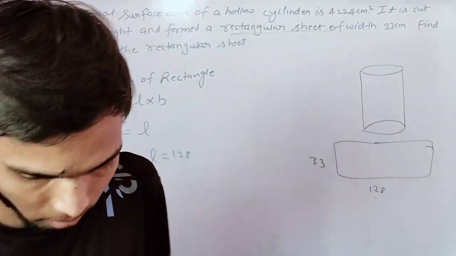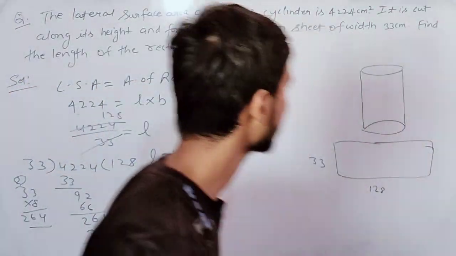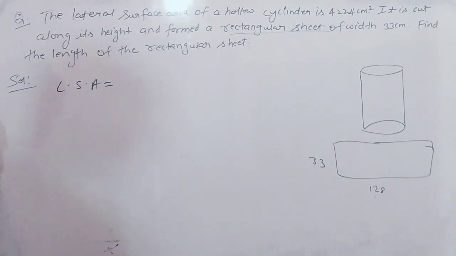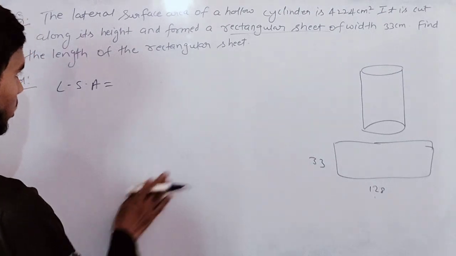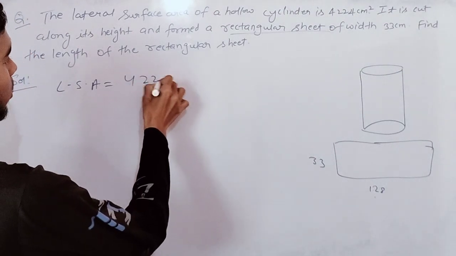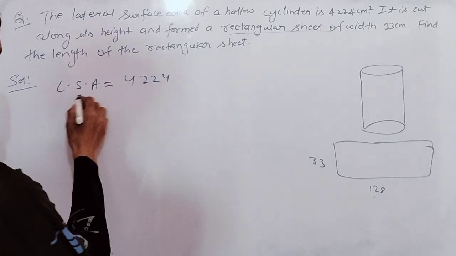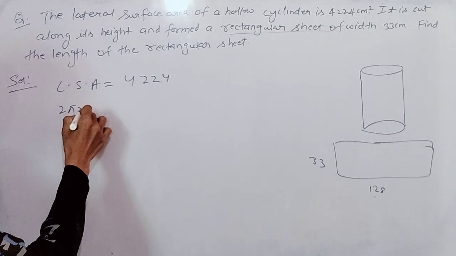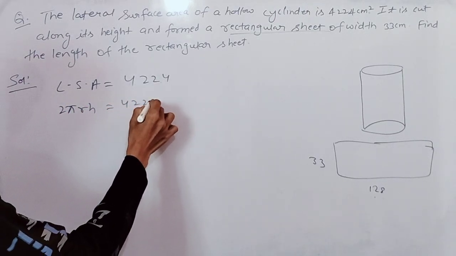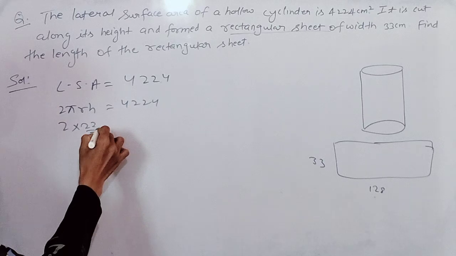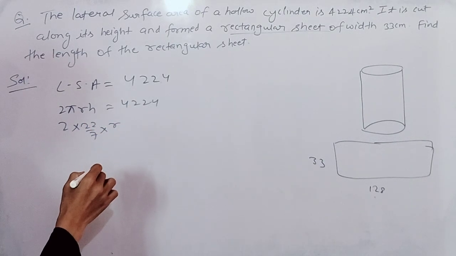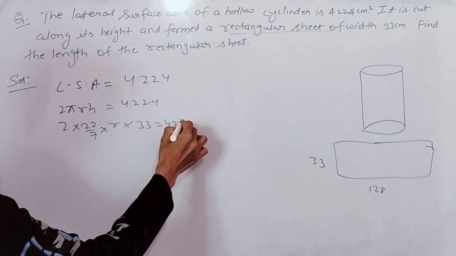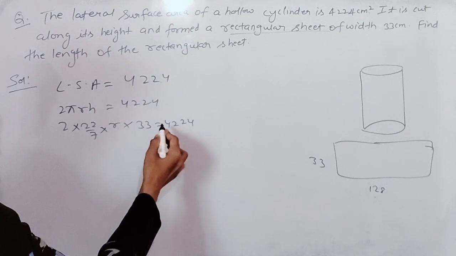Now in another way. L came 128. This 4224 is equal to 2 pi RH. 2 multiplied by 22 upon 7 multiplied by R, we don't know R. H we know, 33.